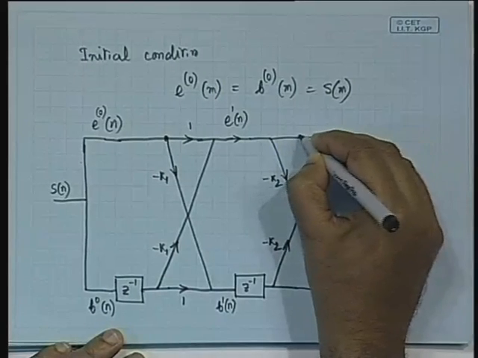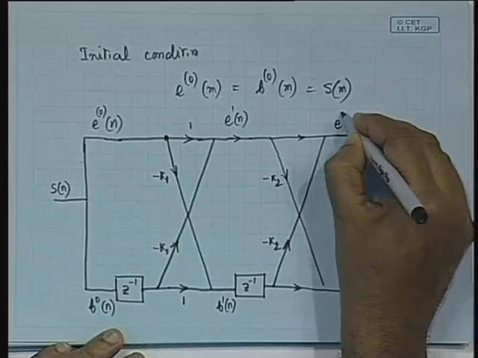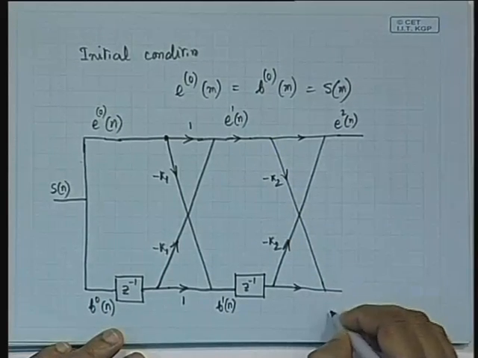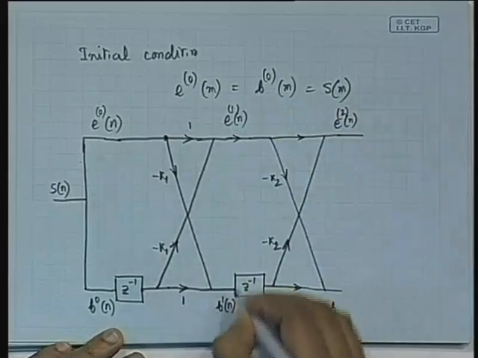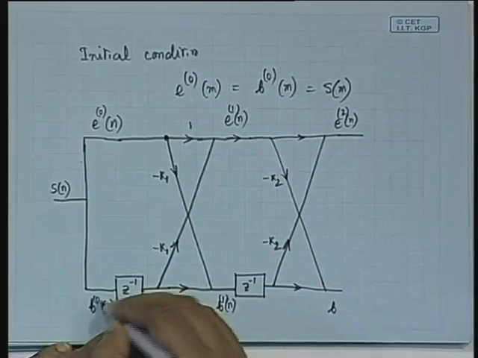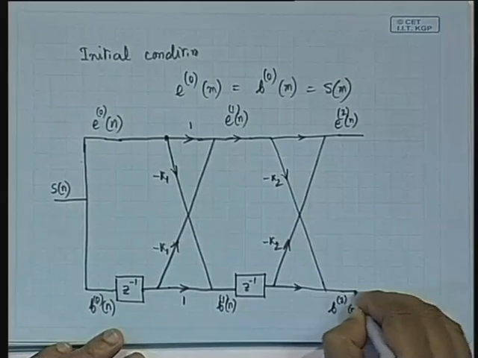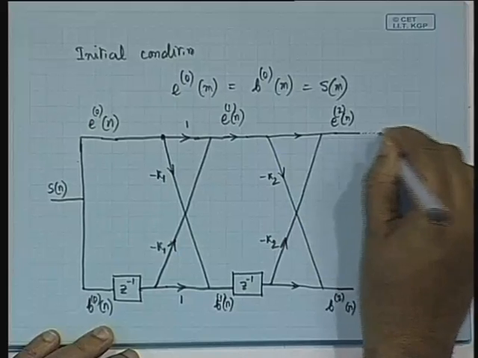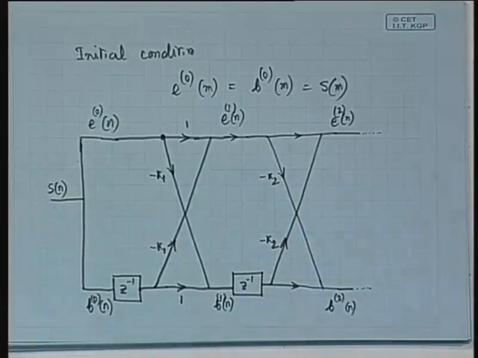In this process you will be getting here E2 of n, and here B2 of n. Let us write it with a bracket. Now, we are showing dotted lines just to indicate that a very similar structure is in progress, okay.